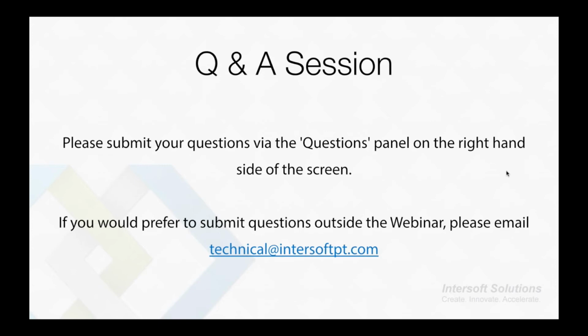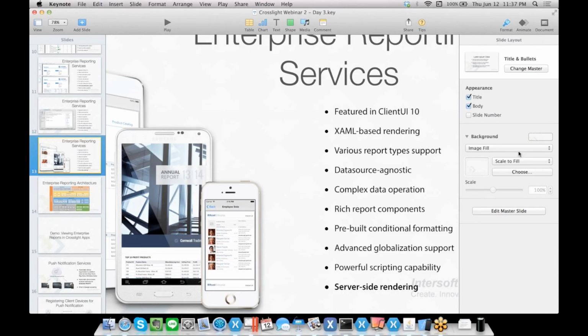From the web, since the report is rendered on server-side. The report is rendered on server-side, David. In the demo I showed you earlier, since it uses server-side rendering, therefore you can view it on the device. It's done that way for best rendering results in all devices.